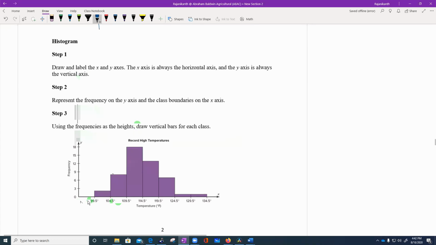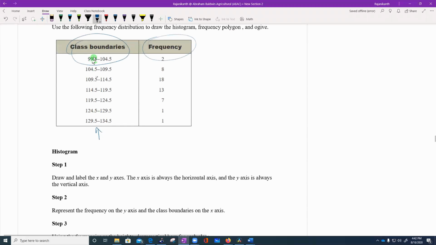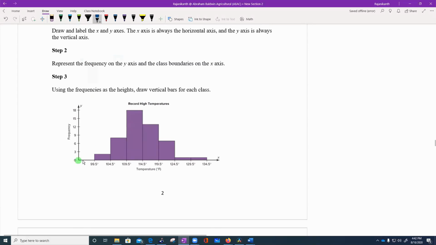So this is my x-axis, right? So my first class boundary starts with 99.5. Therefore, 0 will be here, 99.5 will be somewhere here. After that, I am plotting all the class boundaries with the same space.